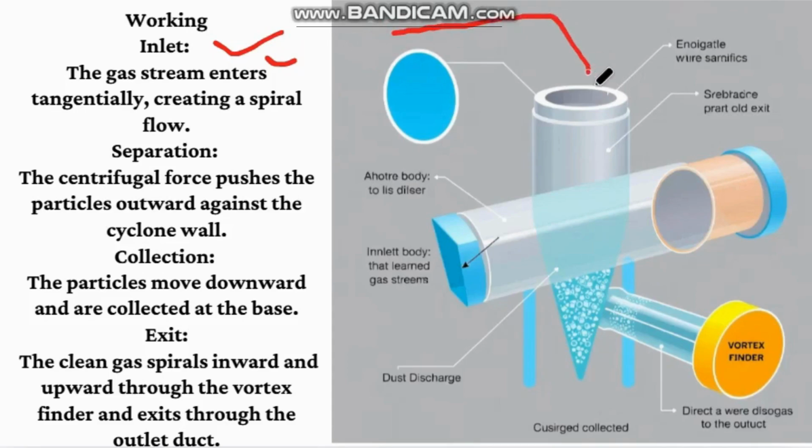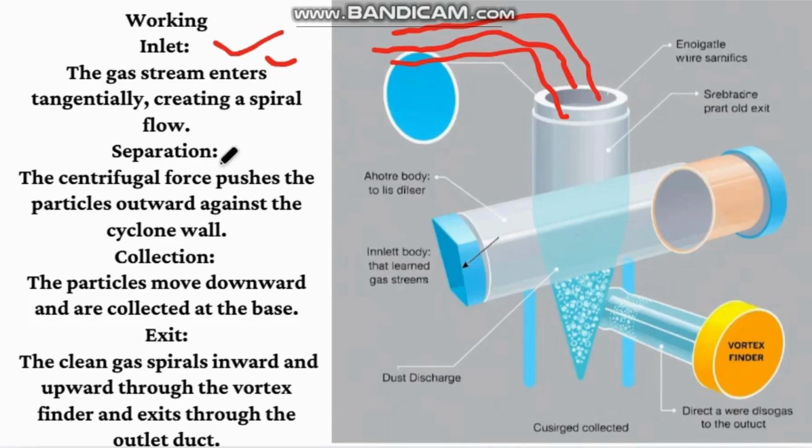Tangential inlet means the air is not going to enter in a straight path, so it is forcefully allowed to enter tangentially, so that it supports the production of centrifugal force.